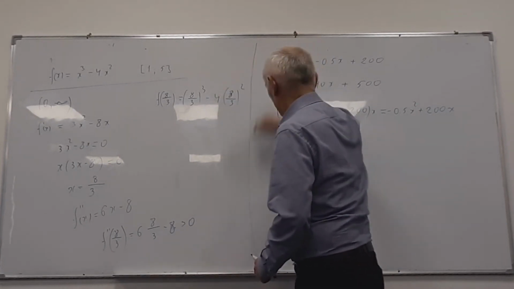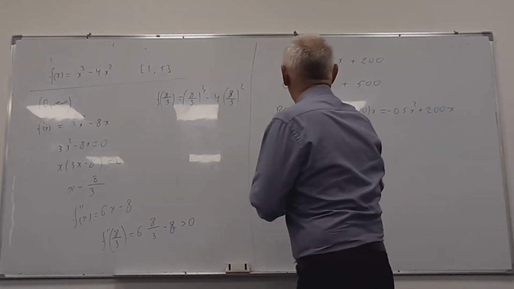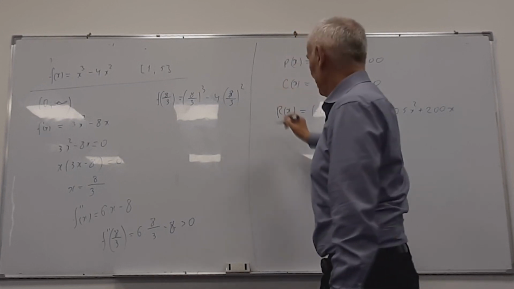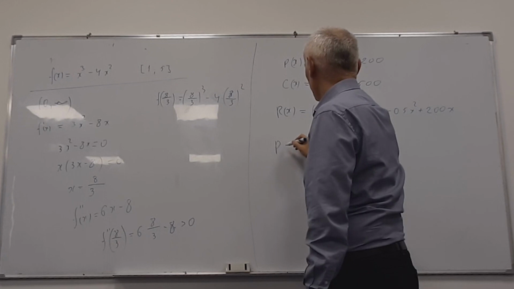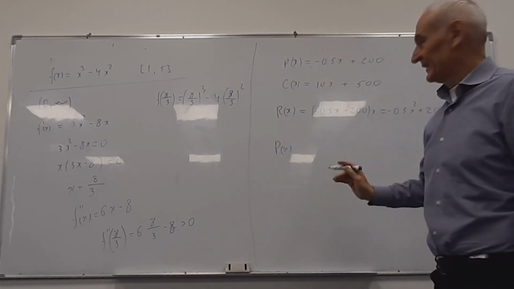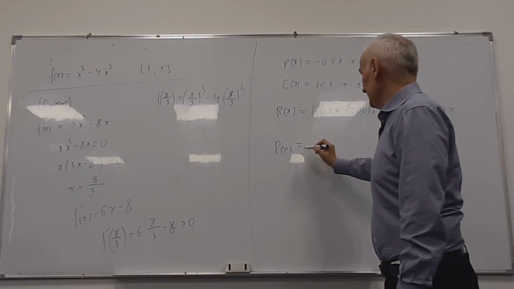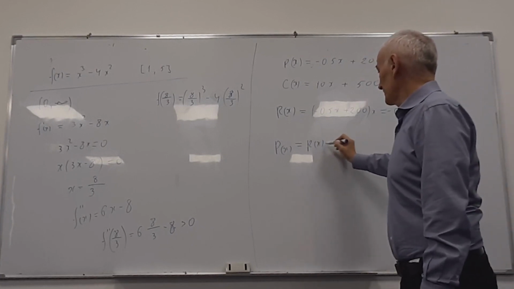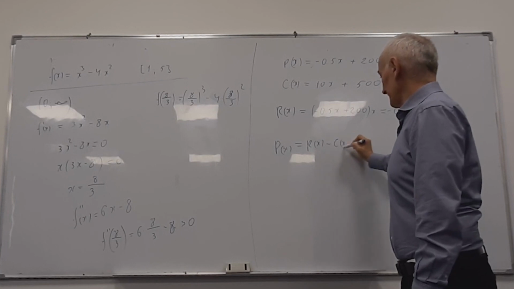Let it be lowercase p, and uppercase P, capital P, we use to denote profit. So P(x) is going to be revenue function minus cost function.